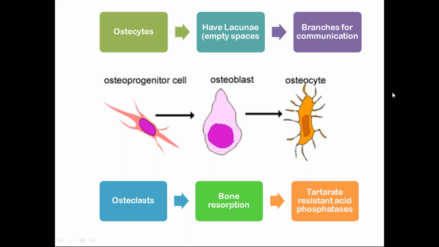Understood? Okay. So what causes mineralization? The mineralization is caused with the help of these enzymes, because I told you these osteoblast cells will secrete the enzymes, and that enzyme has the property of mineralization.